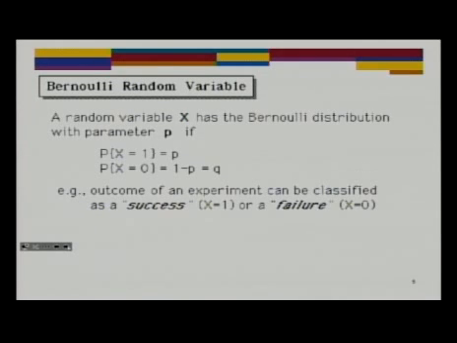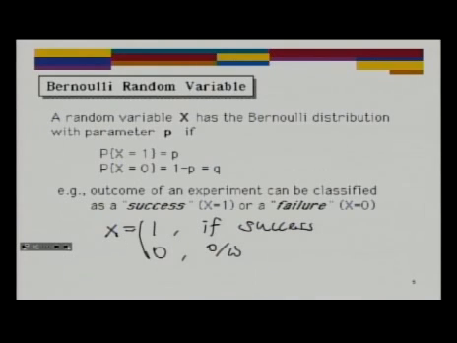If we set X equals 1 if the outcome is a success, and 0 if it is a failure, so let me write it down: X equals 1 if success, and 0 otherwise.